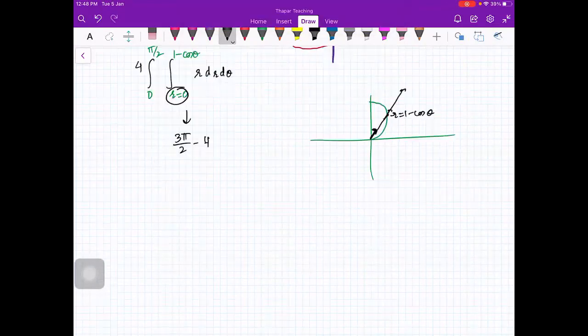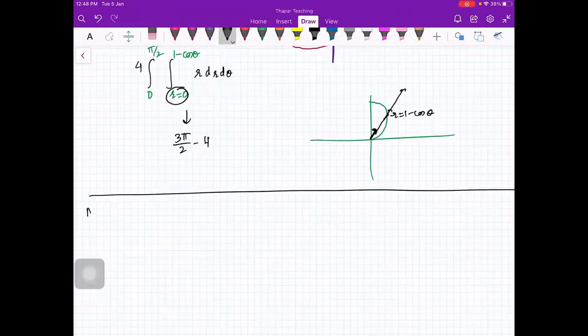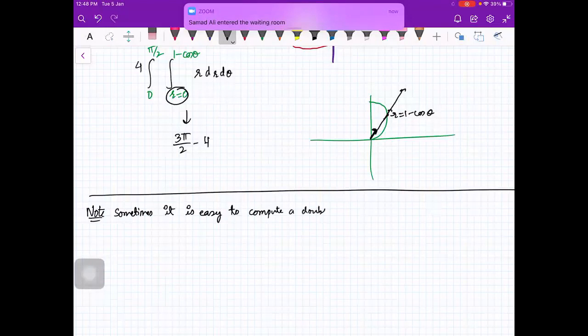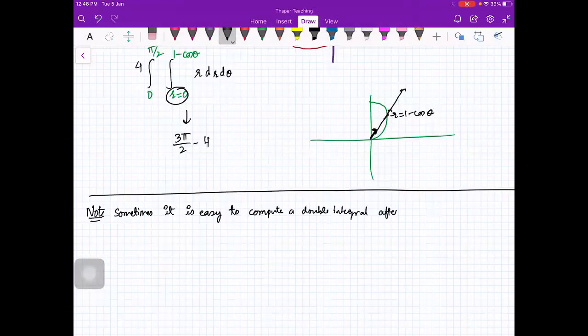Sometimes it is easy to compute a double integral after converting everything into polar coordinates.